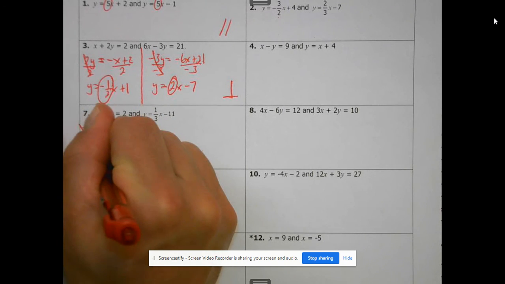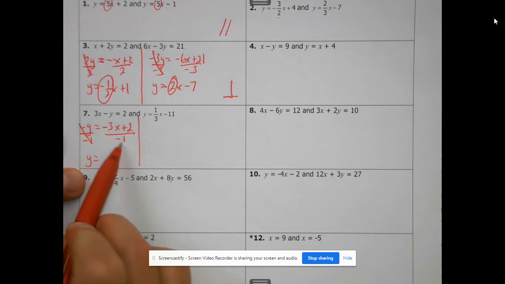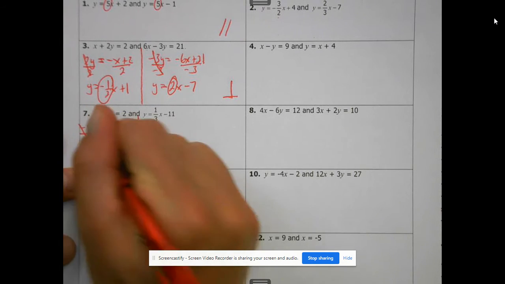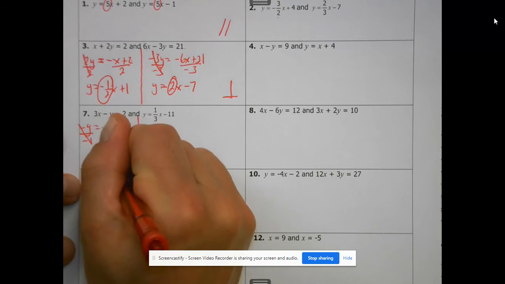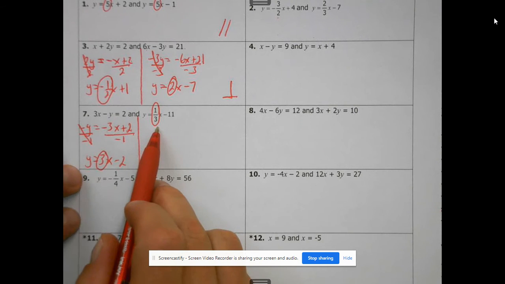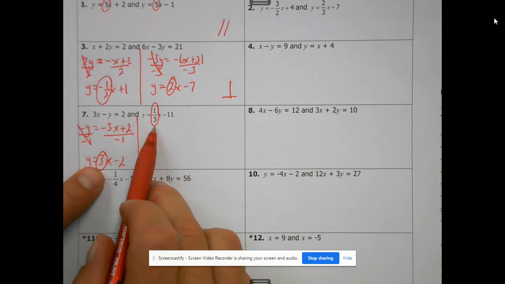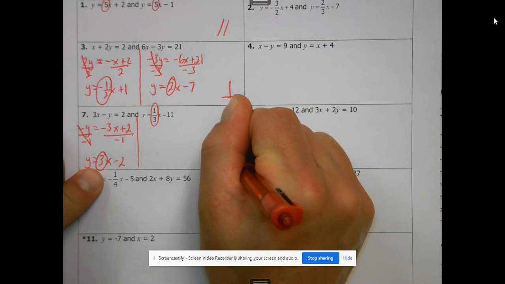Cancel on the left side. Negative 3 over negative 1 is positive 3. 2 over negative 1 is negative 2. So slope of this line is 3. Slope of that line is 1/3. They are not the same, and they are not negative reciprocals. These are neither.